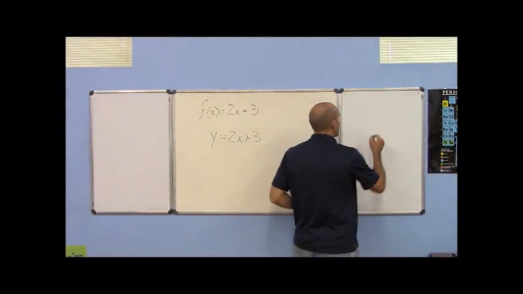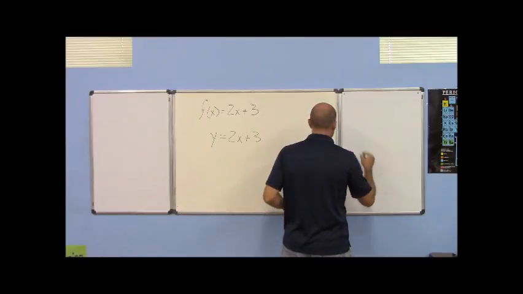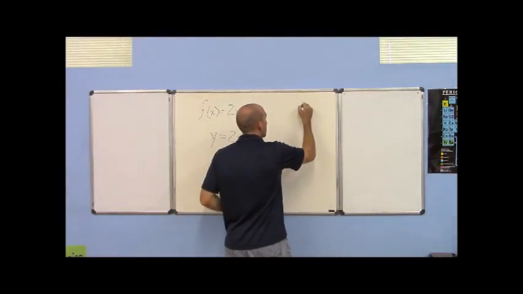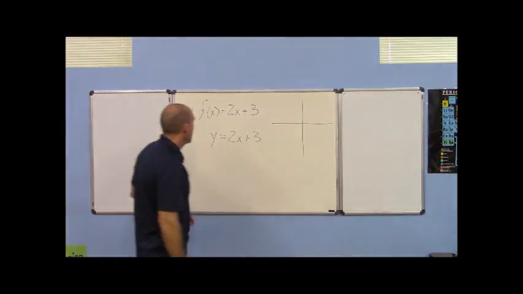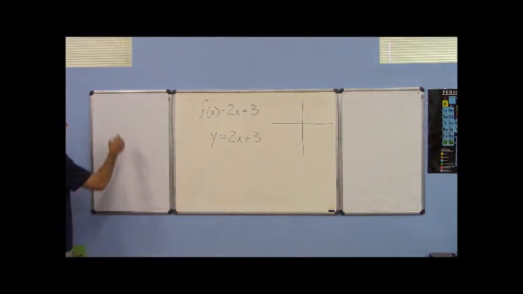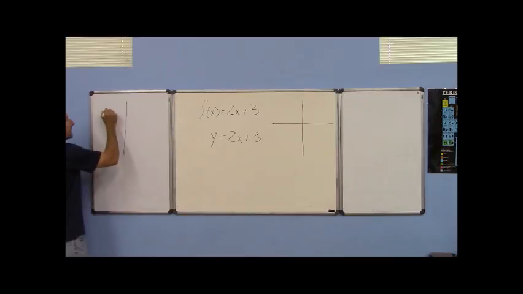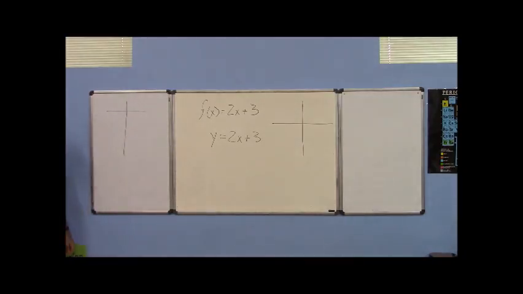So we'll put our plane right here. And what we're going to do is put this little thing like this over here. I want everybody to make one of these.